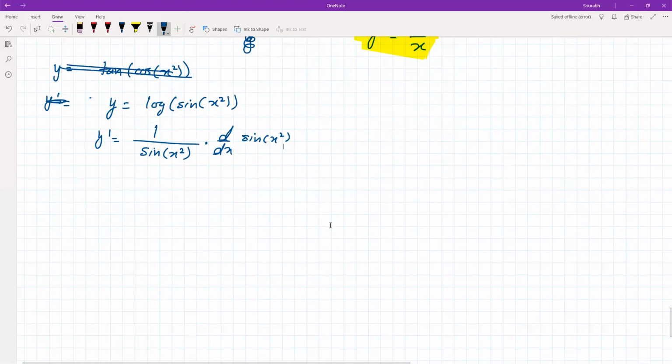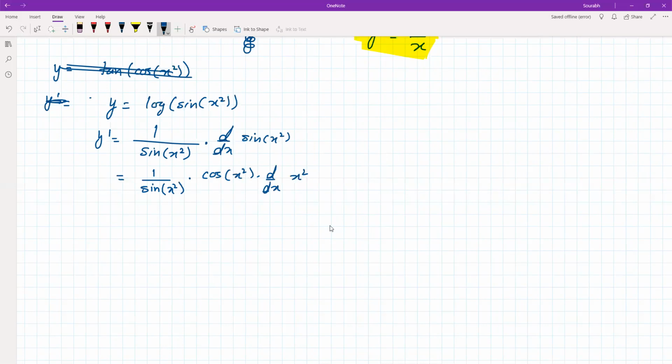Clear? Next, in the next step, what will we do? We have to still differentiate this. So this is 1 by sine of x square into differentiation of sine of x square. So differentiation of sine is cos. So cos of x square. And now you have to differentiate x square, right? So what is that?